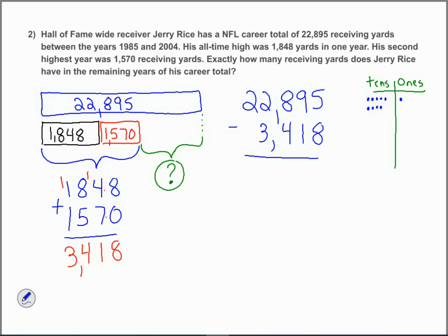And then this is the 5 here. I'm going to try to take away 8 in that ones place. And I can't yet. I can't do 5 minus 8 in that ones place. So I'm going to borrow from the 9 in the tens place.